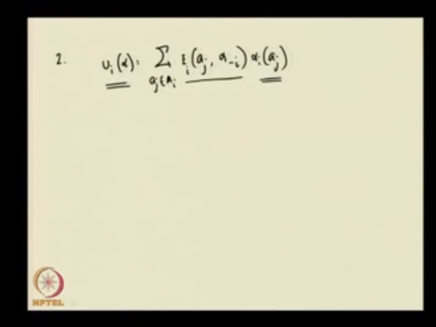Now, if this is optimal, suppose for some actions the expected payoffs are there, the point is that if you assign positive probabilities to those actions, the expected payoffs have to be the same, because if one of the expected payoffs is more, then there is no question of assigning positive probabilities to other actions, because all the probability will go to that action which has a greater expected payoff.